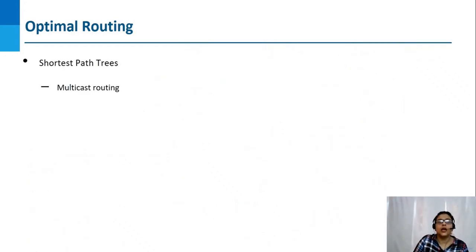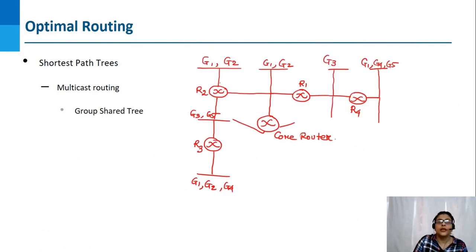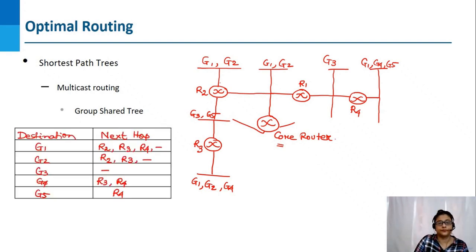Let's now see the multicast routing shortest path trees for the group shared tree. Let's again construct a network, but here we have a core router. This core router is basically responsible for forwarding the packets to the different groups.